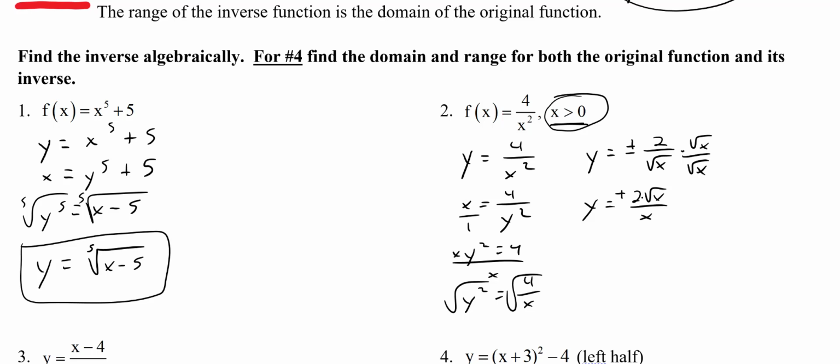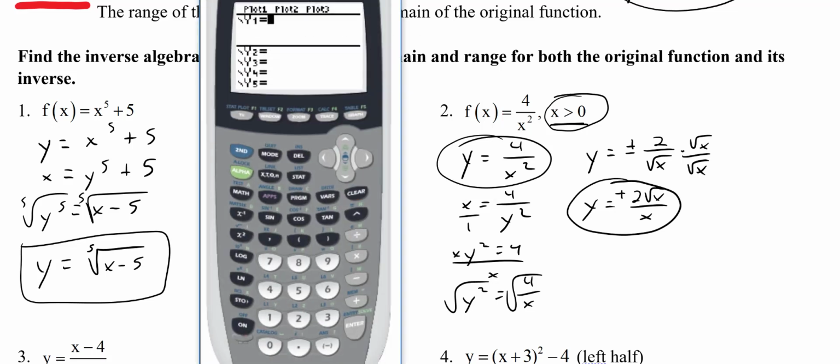Okay? All right, so let's go ahead and graph it. So this is this one right here. And of course, the original function and this one should be inverses of each other when we graph it. And again, x is greater than 0, and so you were graphing the positive part after you take the square root.